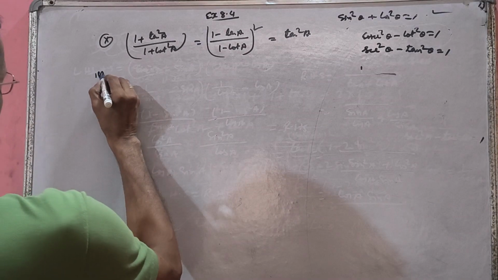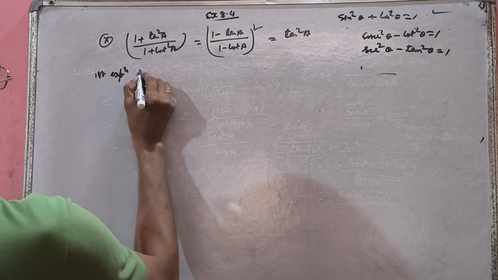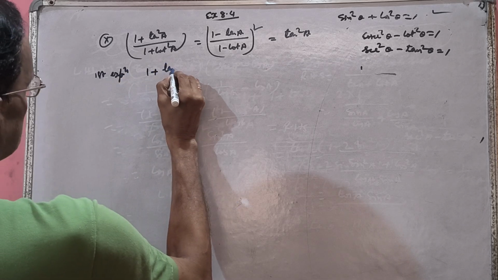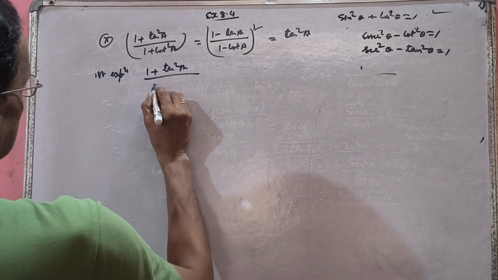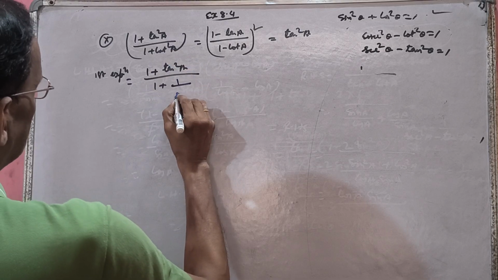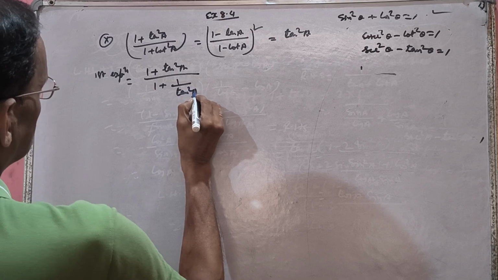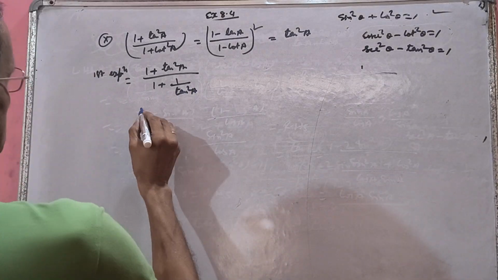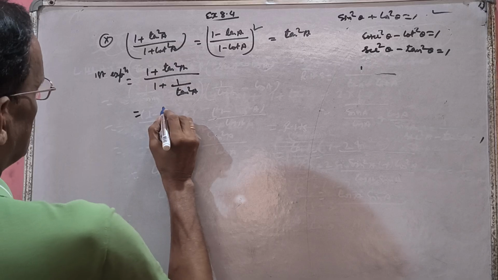So take the first one. What is the first expression? 1 plus tan square A by 1 plus cot square A. You know cot can be 1 by tan, reciprocal, tan square A. Understood? Now simplify this.